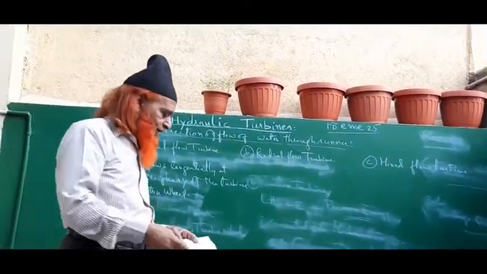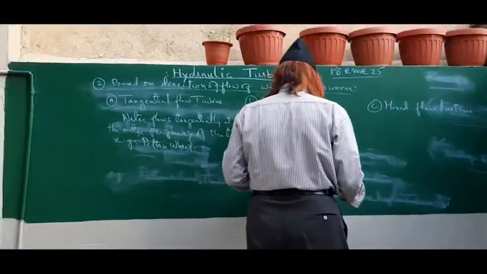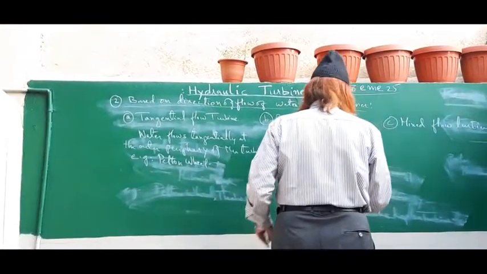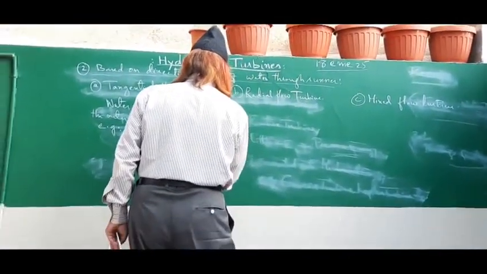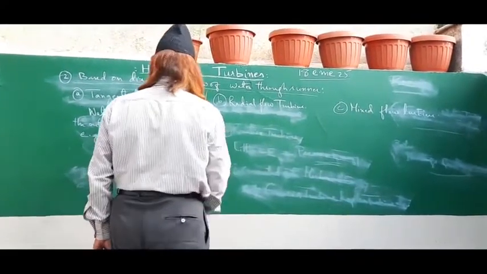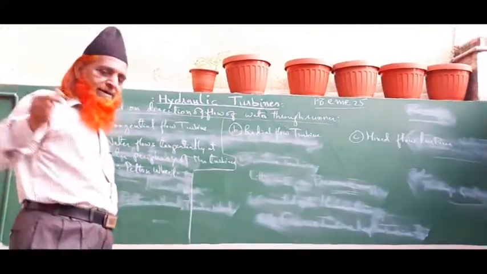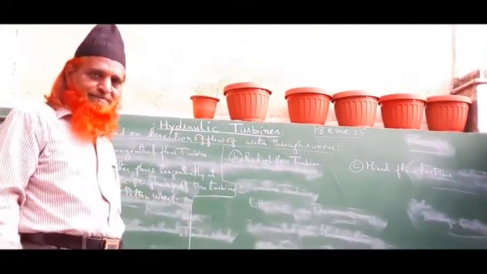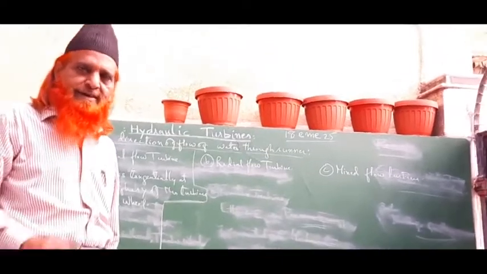Whereas we can say radial flow means along the radius of the runner. That means it enters radially and leaves radially.